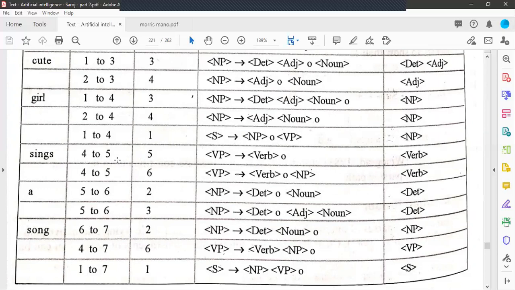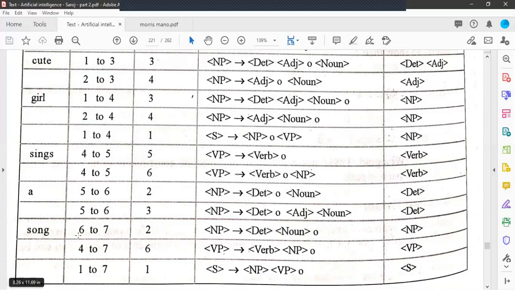Sings from 4 to 5, it is just a verb. If rule number 6 is applied, then it expects a noun phrase after this verb. Otherwise, it ends after verb. From 5 to 6, rule number 2, the noun. And another rule can be applied, which is rule number 3, the adjective and noun.